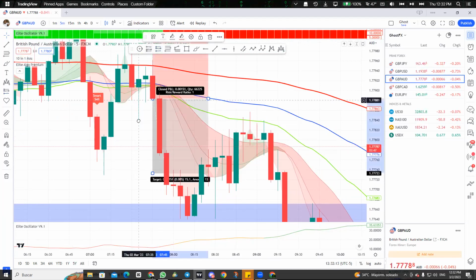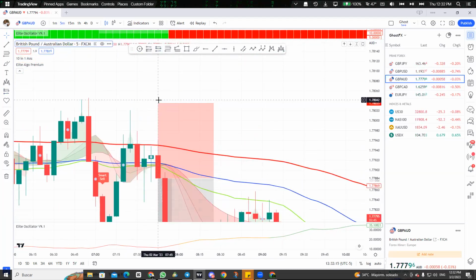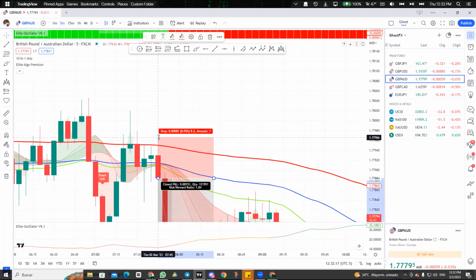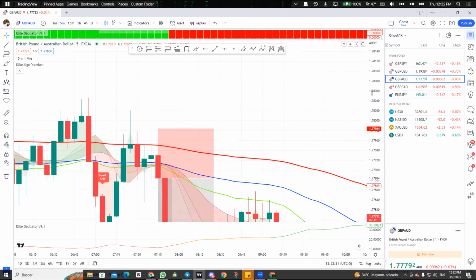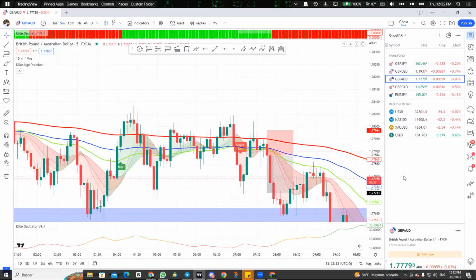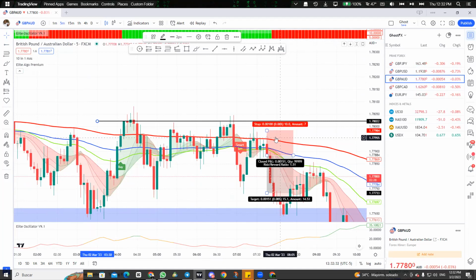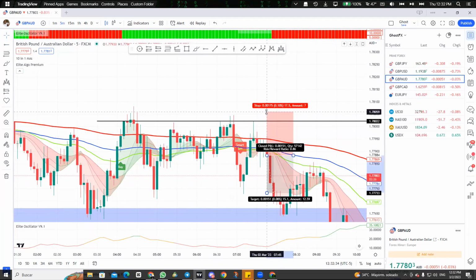And you could go even for like 10 pips stop loss. There's no way the price is going to come back up. The resistance is right here. You can do it with a small stop loss, or you can just put your stop loss around here.